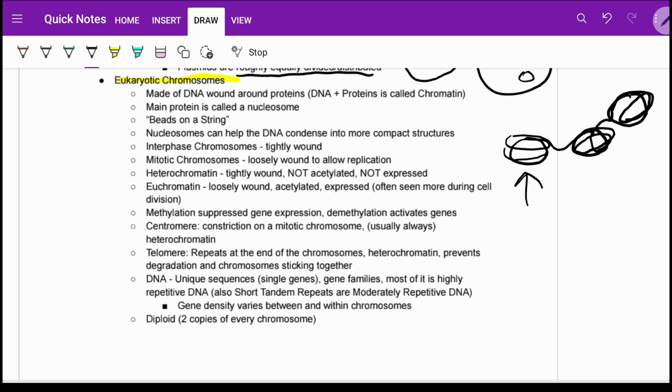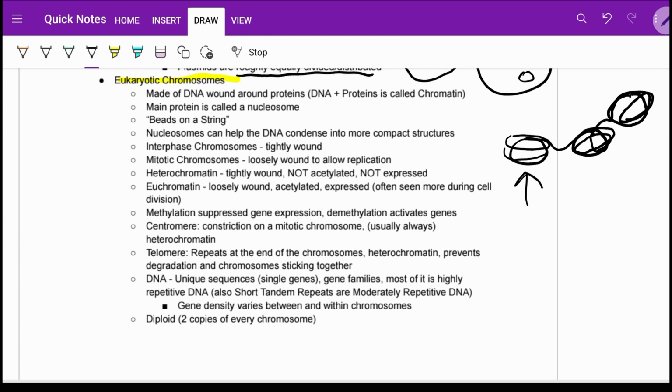And these proteins help the DNA condense into more complex structures. Again, in tandem with the supercoiling, it helps them compact and stay small, which is good for the cell. We also have a difference in chromosomes at different stages of the cell's life.